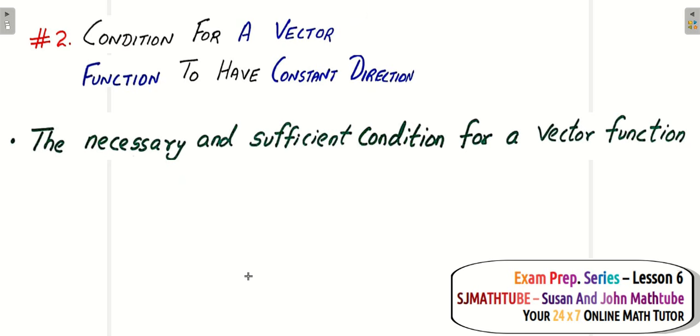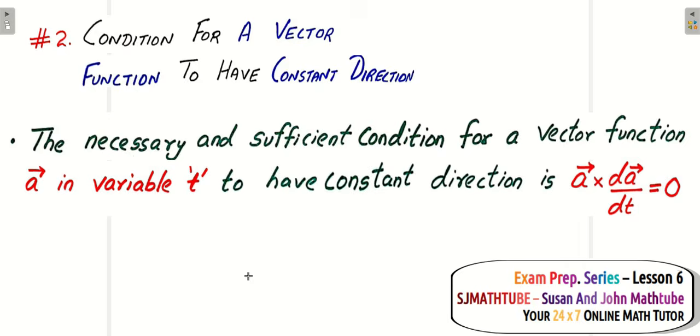The necessary and sufficient condition for a vector function A in variable t to have constant direction is, in the last theorem it is A dot dA by dt equal to 0, and here it is A cross dA by dt equal to 0. So for constant direction, this is the condition, and for constant magnitude, the same thing but dot product.